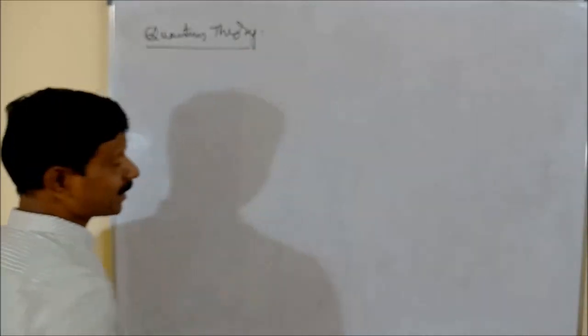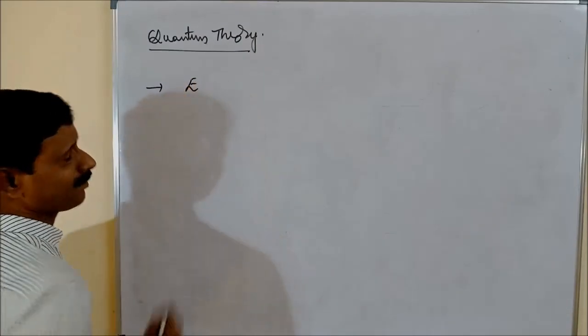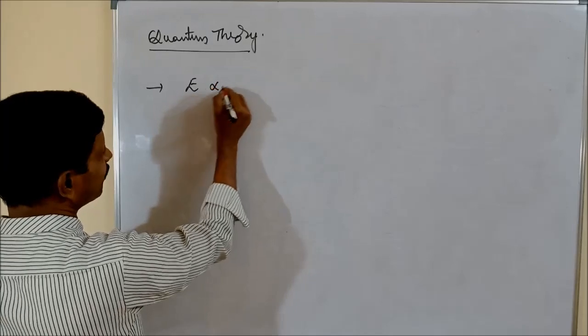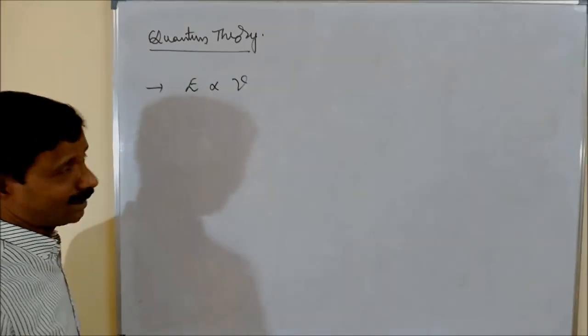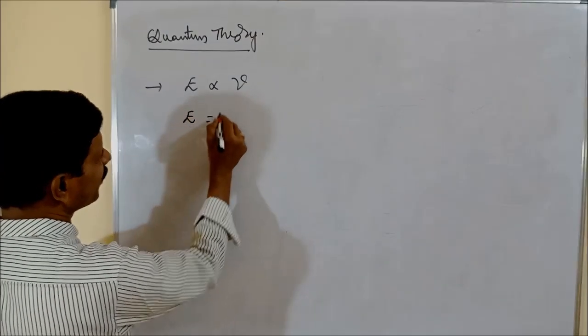The mathematical expression is that the energy associated with each quantum is directly proportional to the frequency of the vibrating particle in the black body. As per that, E equals h nu.